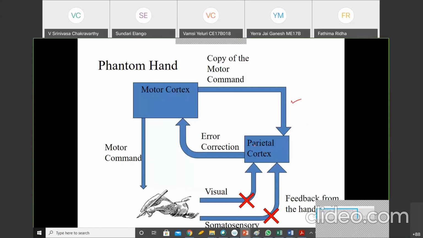So it finds some error, and that erroneous signal goes to the motor cortex. The motor cortex might try to correct that error and move the hand, but that error will never be corrected because there is no real hand. We don't know what the correct command would be to put the hand in the correct position. So there's a potential problem.